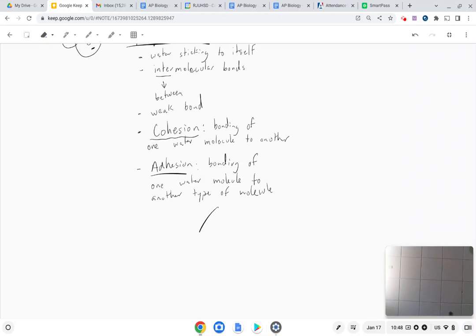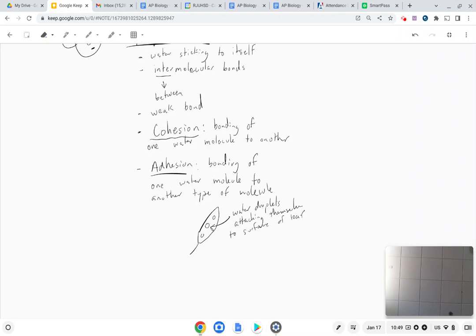So draw yourself a little leaf here, and then just draw like a water droplet. That's just an example. So water droplets attaching themselves to the surface of a leaf. That's an example of adhesion.